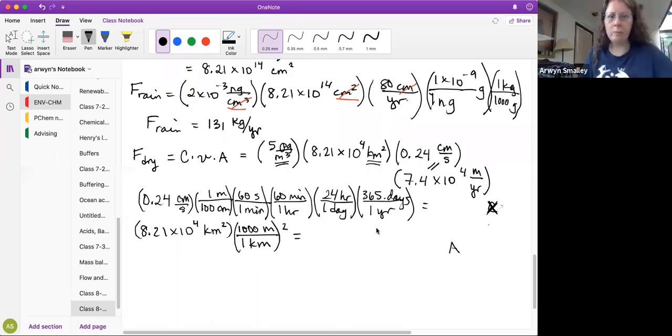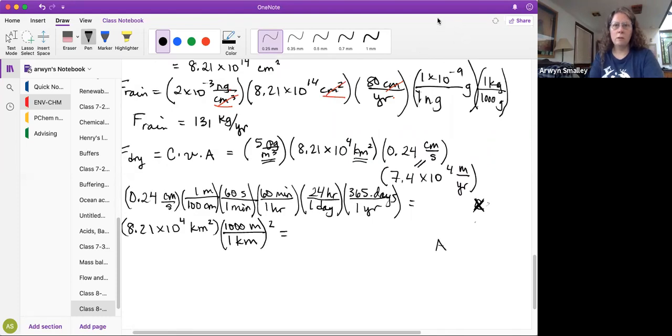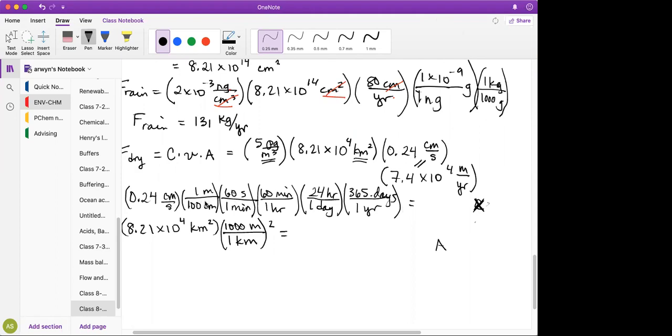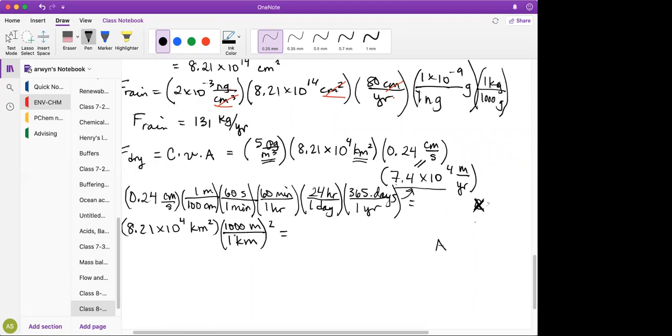Once we convert them, we'll have a number that's a little bit more manageable once we go to kilograms per year. I mean, this number is going to be big. It's like 7.6 times 10 to the 4. Yeah, I mean, it's in meters per year. Hopefully this first number is 7.4 times 10 to the 4th. Yeah, this number is going to be bigger.